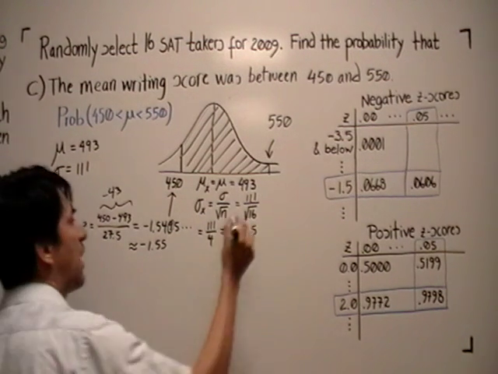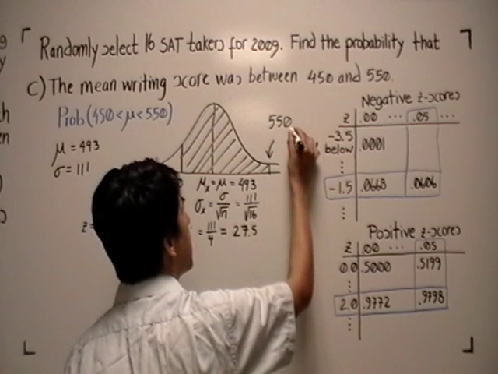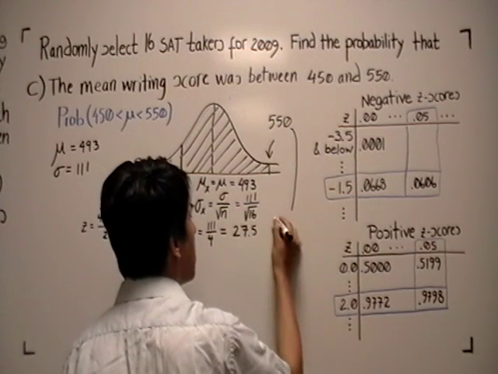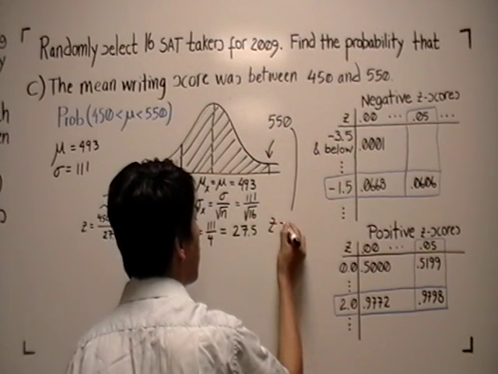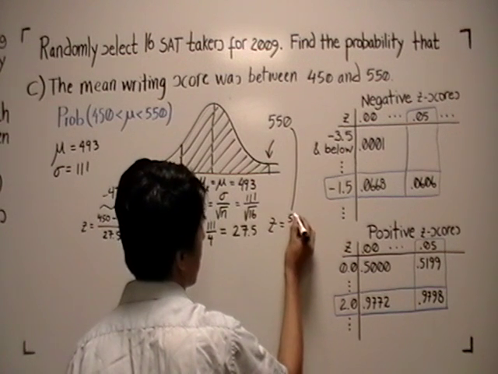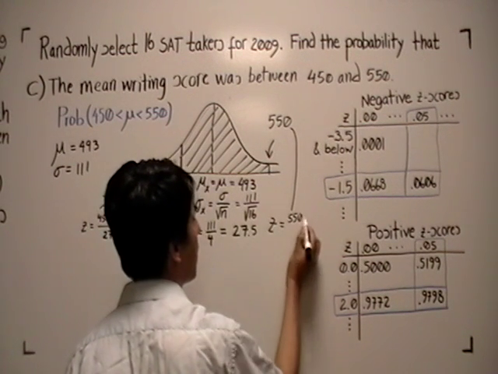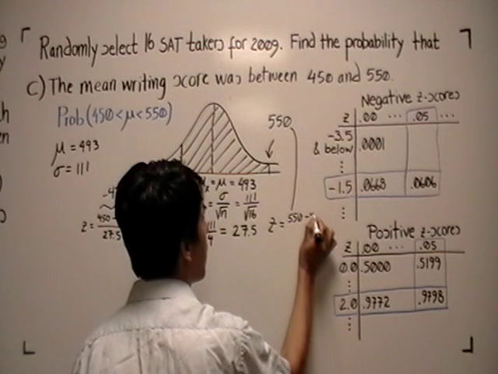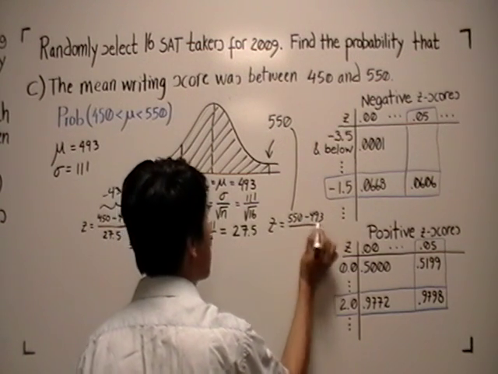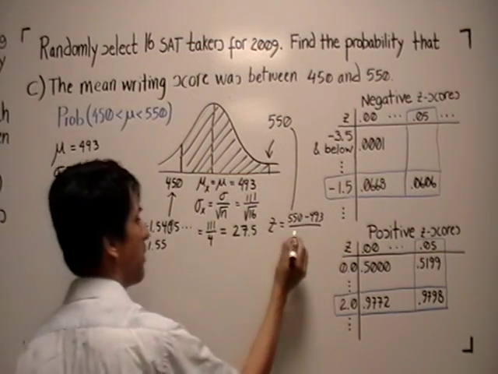Now, in a similar fashion, we would like to compute the z-score for 550. First we plug it into our z-score formula, 550 minus the mean, 493, over standard deviation, which is 27.5.